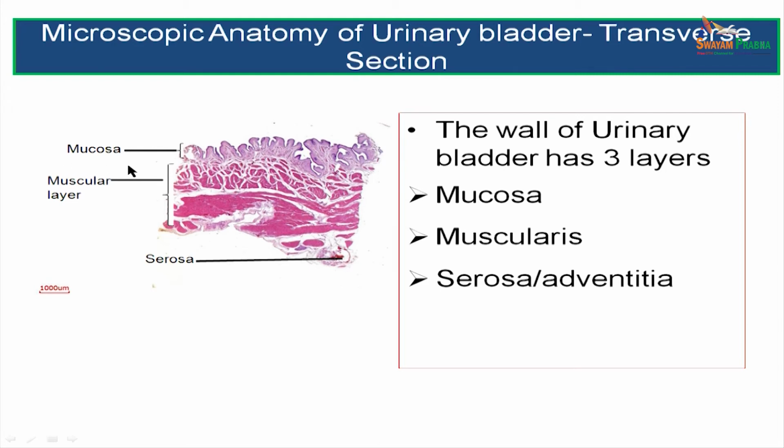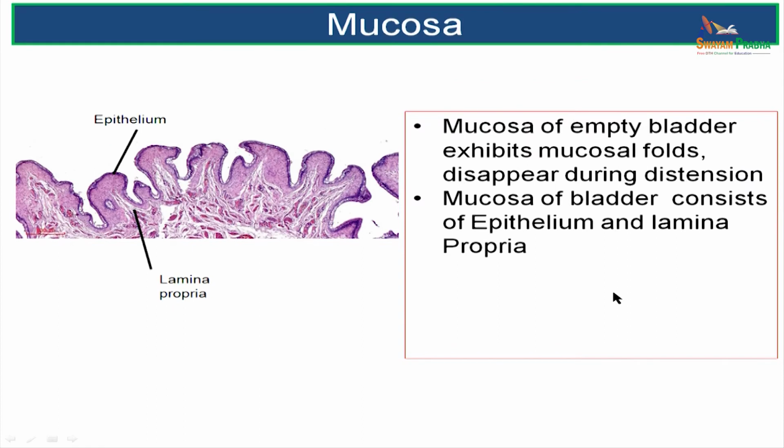The innermost layer is the mucosa, then the muscularis layer or muscular coat, and the outermost layer is serosa or adventitia. Three layers: mucosa, muscular layer or muscularis, and serosa or adventitia. In some areas it is serosa, and in some areas it is adventitia.